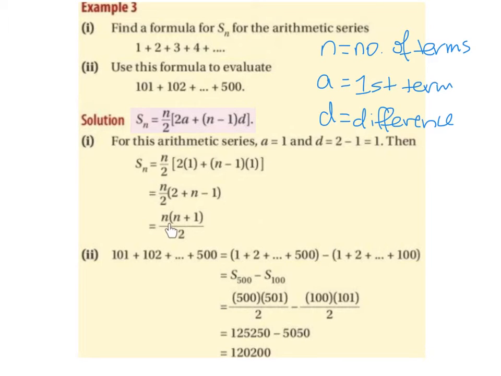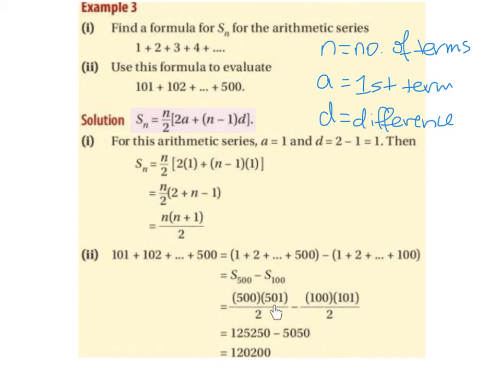So we swap the n for 500, and then it's going to be 500 plus 1 is 501, and that's all over 2. We bring down the minus. Then we swap the n for 100. That's where that 100 comes from. And then 100 plus 1 is 101, and that's all over 2.